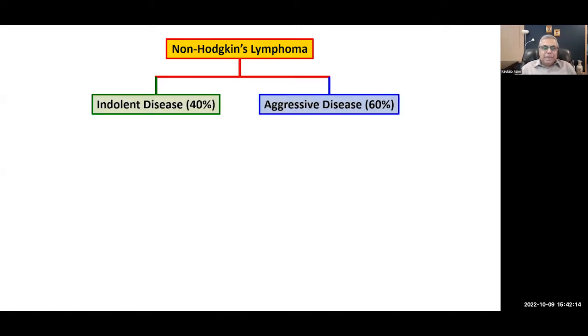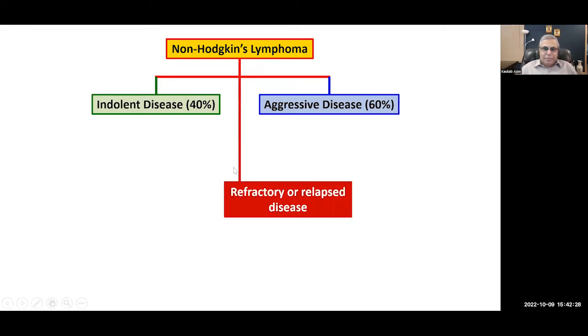We have got indolent disease and aggressive disease. Aggressive disease is more common, 60%. And in indolent disease, we have got either a localized or an advanced follicular lymphoma, but we have got a third type, which is refractory or relapsed. Refractory means it is not responding to therapy. Relapsed means you gave the treatment, the patient went into remission, but the disease has come back, all right?